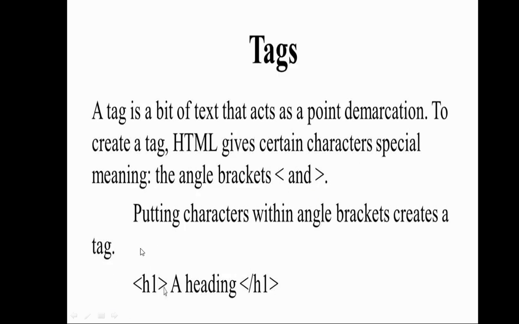If I want to create an h1 tag, I have to write h1 within the angular brackets. This is the beginning of the tag, and this is the ending of the tag, because it has a slash. If you have a slash before h1 or before any tag, then it represents the ending of the tag.